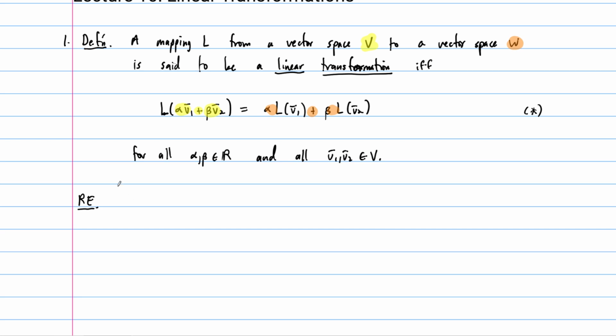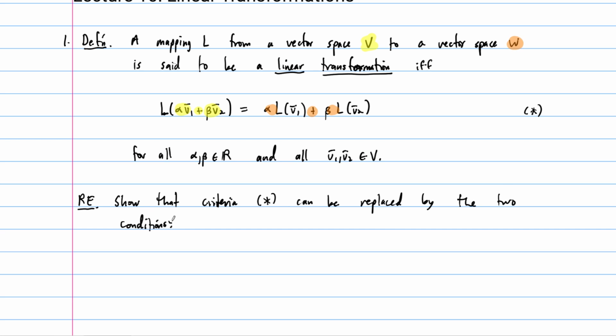So here's a recommended exercise that you should all do, and that is to show that the criteria in star can be replaced by the following criteria. So in this case, there's going to be two conditions.